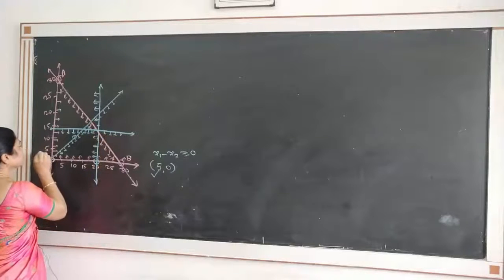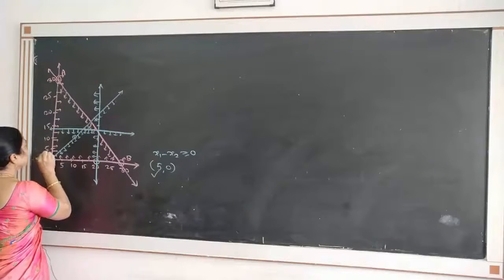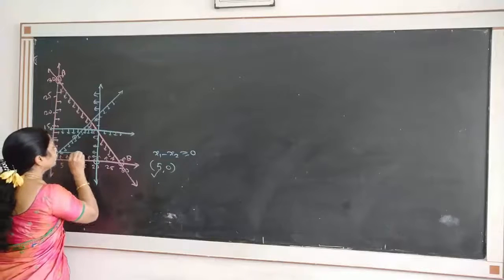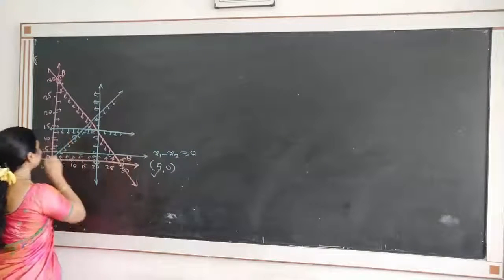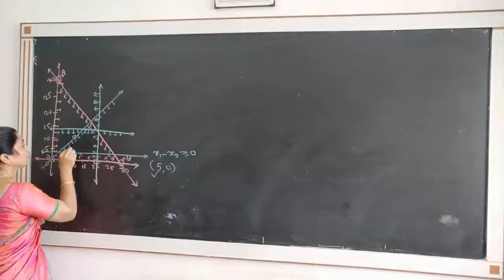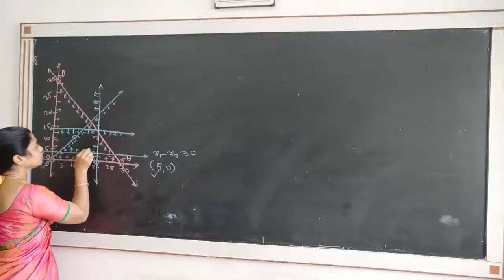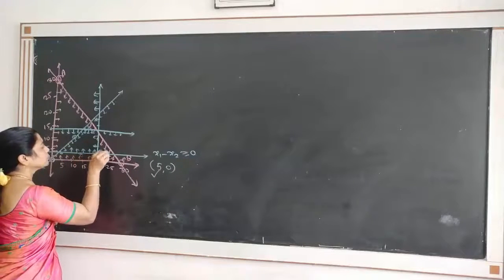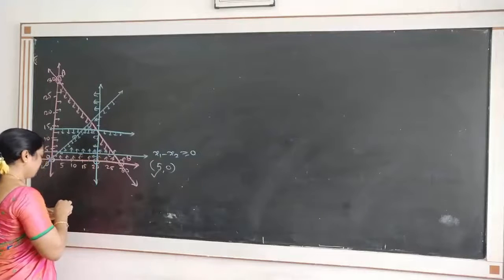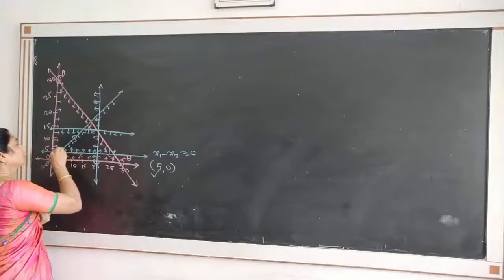And next one is x2 equal to 3. Again, if you put origin it does not satisfy, and therefore we want the non-origin side. So see which is the feasible region. I will show it by dark lines.